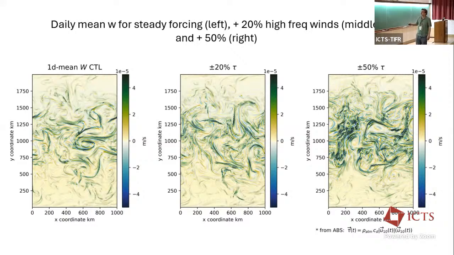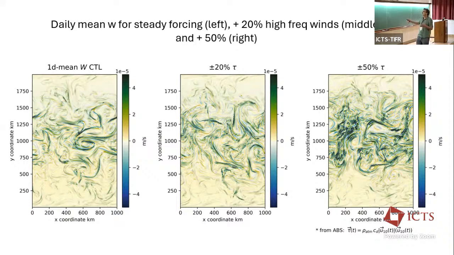And you see it starts to look a little bit different. Clearly when I go to strong near inertial forcing, I'm going to get W's that look very different from my Ekman calculation. If I did my Ekman calculation, these would look basically the same, right? Because my tau averaged over a day is going to look basically the same even with the high and low frequencies.